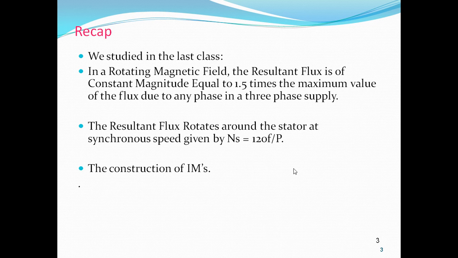Next part is the rotor. The name itself says the rotating part is called the rotor. So it is the rotating part of the motor, so it is called the rotor. There are two types of rotors: squirrel cage rotor and phase wound rotor.